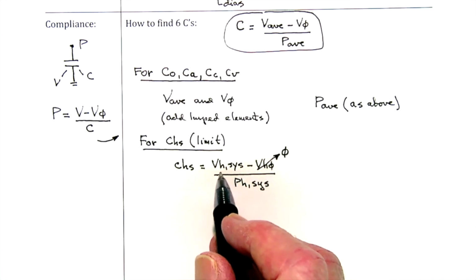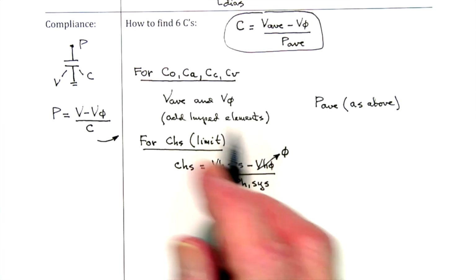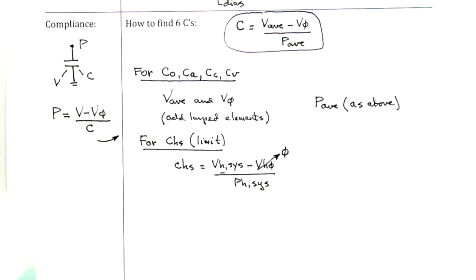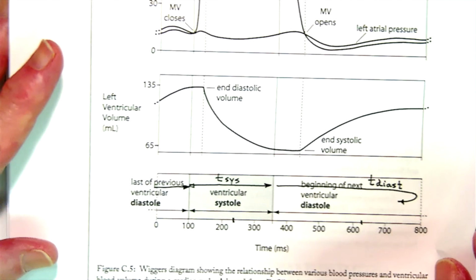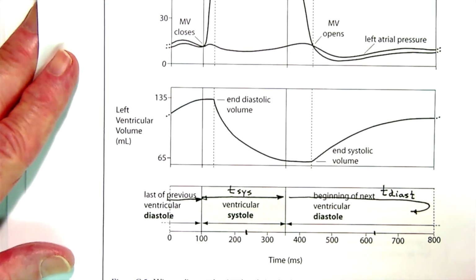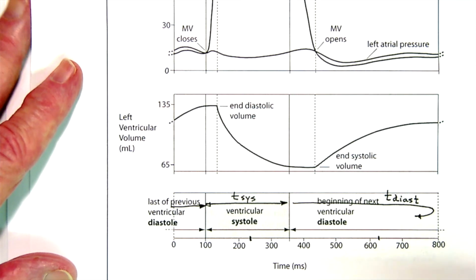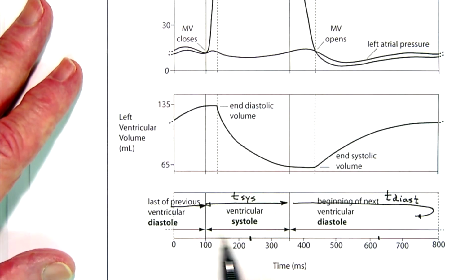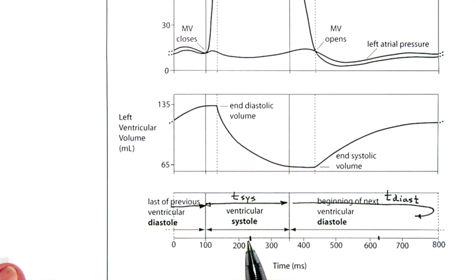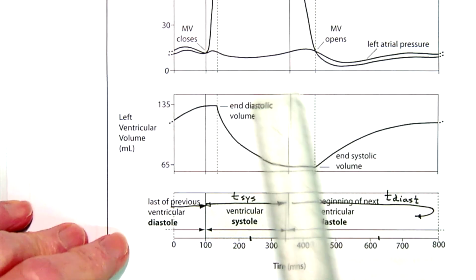Now to find the volume of the heart during systole, we go to our friend the Wigger's diagram. And the Wigger's diagram we've used before, and we've said that on the average, sometime about in the middle of the time of systole is where we're going to find our values. So there's the value in the middle of systole we found before.